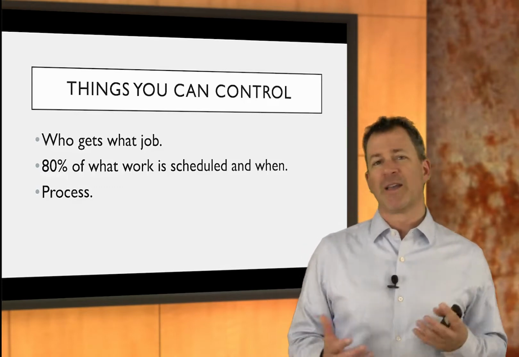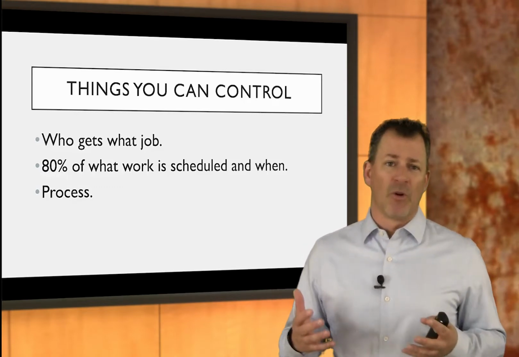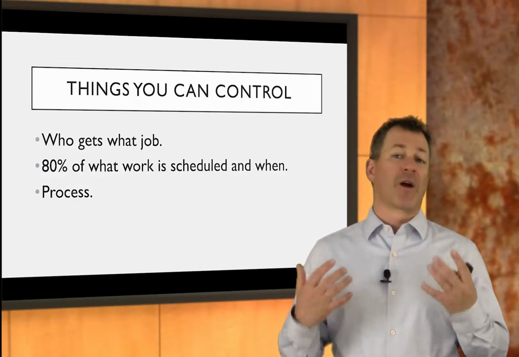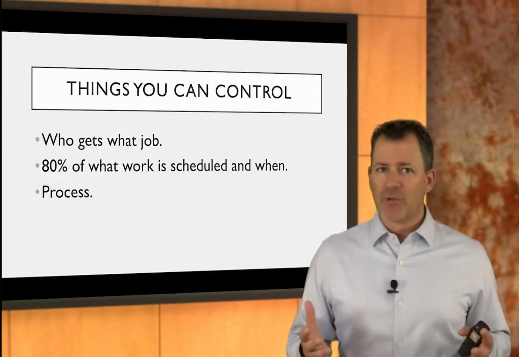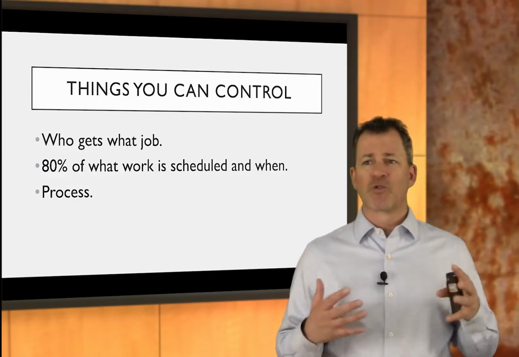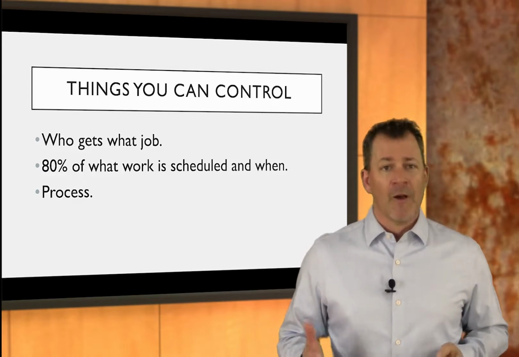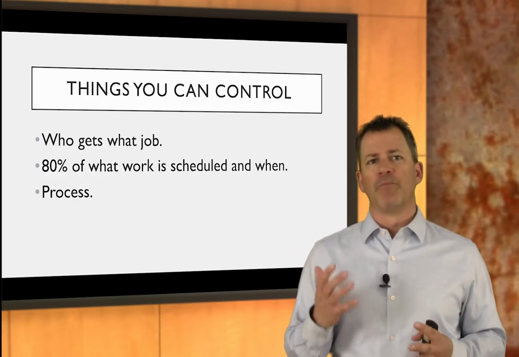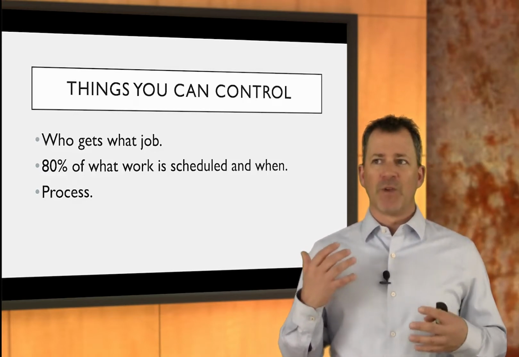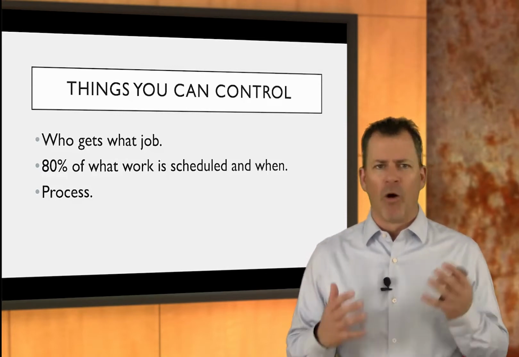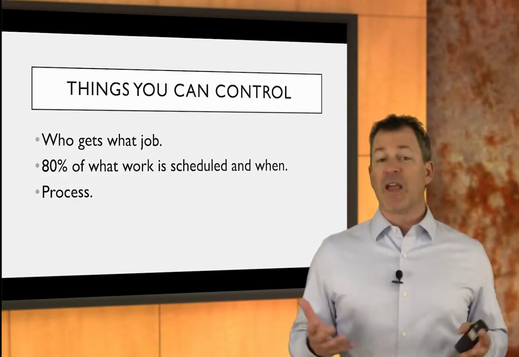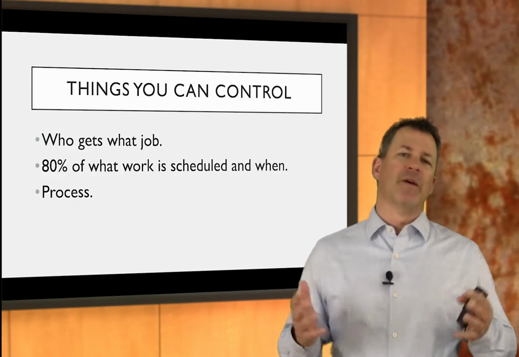Yeah, there's still some walk-in stuff that we can't necessarily control, but 80% of what comes to us and when it comes to us, we can control. And then, of course, we can control the process that we use. And that's going to be really, really important, because that process is going to be a work in progress all the time, because things change. And we'll talk more about that in a minute too.